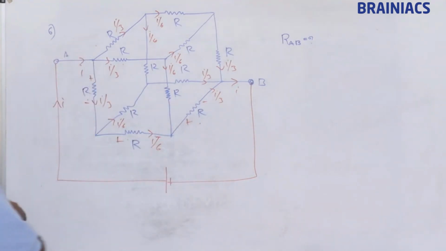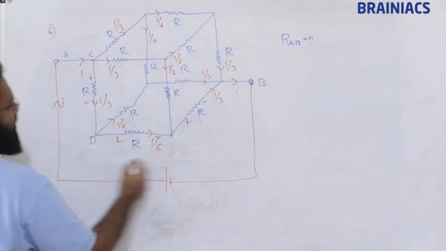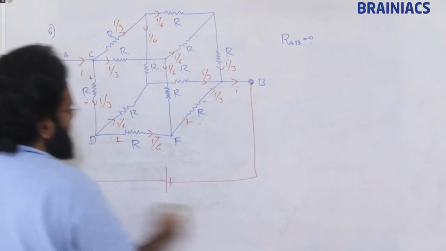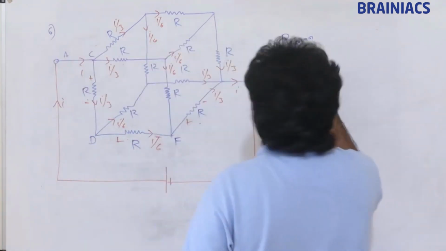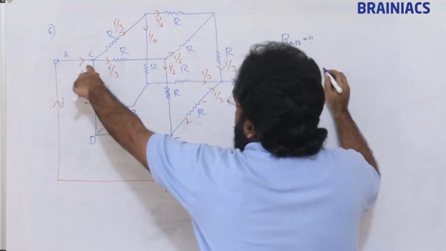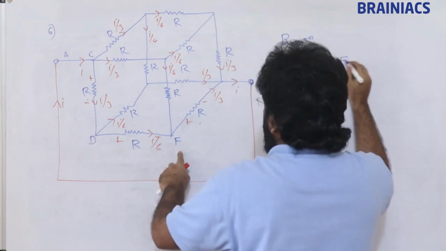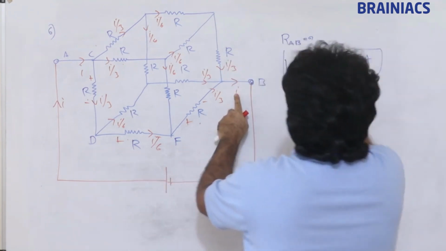We will name the loop A, C, D, F, B, A. This is the loop which we are going to take.